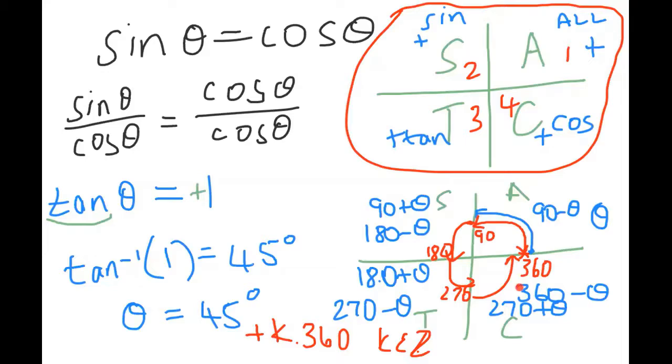But you can also ask yourself, what if you have this 270 plus theta? Again, the 270s are used for something different. Don't want to go into it now. So what I'm suggesting at this stage is, when you do this, only do it for the 180 minus theta, 180 plus theta, and the 360 minus theta.